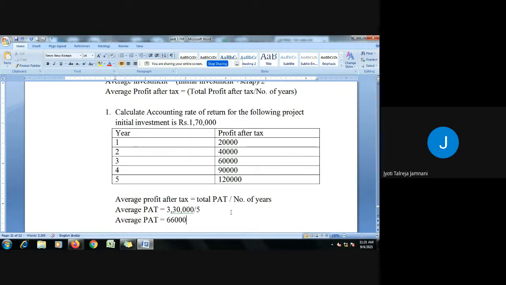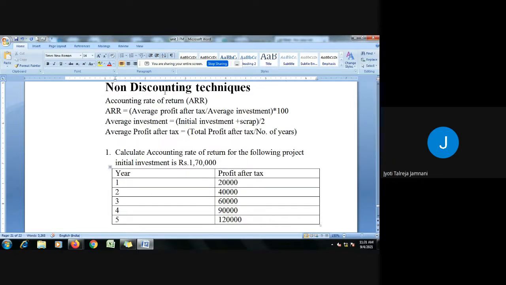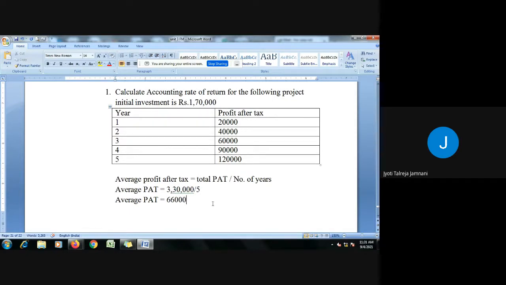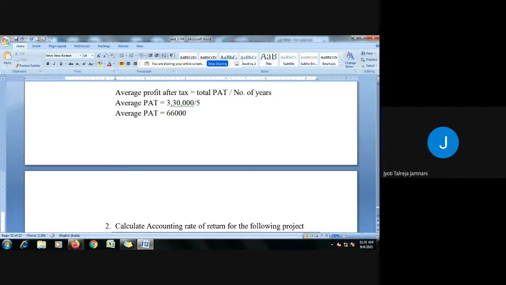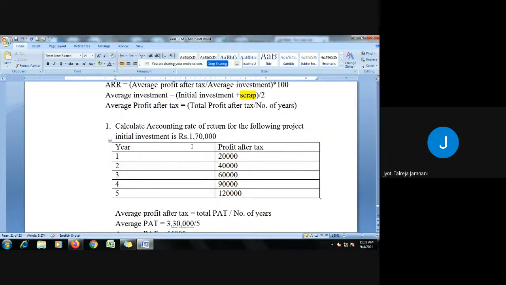Okay, now the next thing is average investment. I told you that you should find the average investment only if the scrap is given in the problem. The scrap is not given, so we will just take the entire initial investment as it is. So I'll put it in the formula: average PAT, which is 66,000, divided by the initial investment, which is given in the question, 1,70,000.